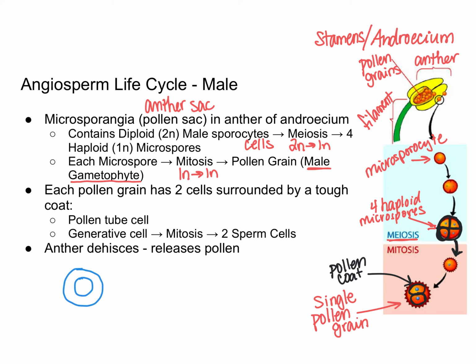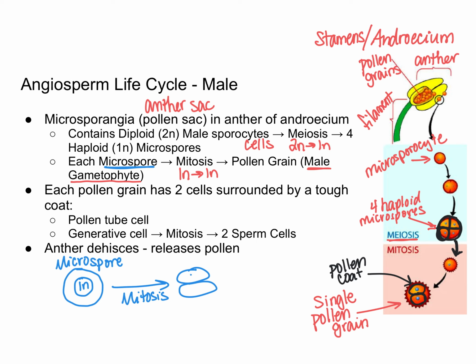Remember, a microspore has a haploid nucleus in it. And this is that microspore right there. Now it's going to go through mitosis to form ultimately 2 cells with a haploid nucleus inside.